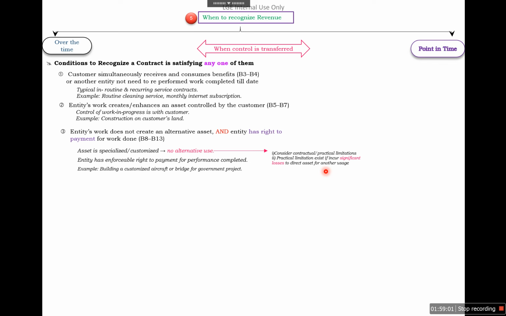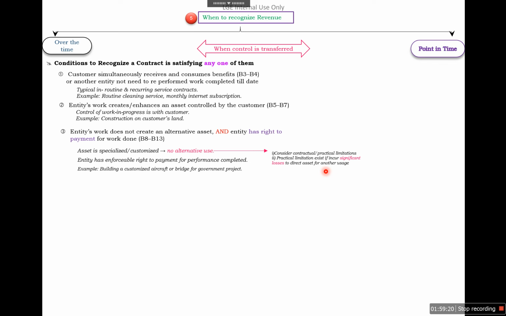Although it has the right to direct the asset to another user, it has to incur significant losses to direct it to another user, so it will not be considered as an ability to direct the use to an alternative purpose.